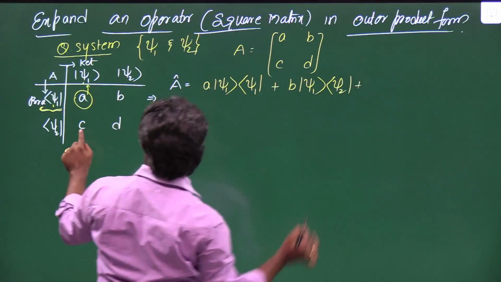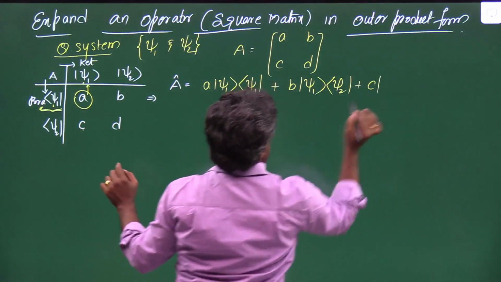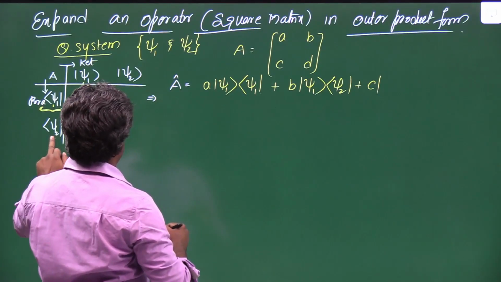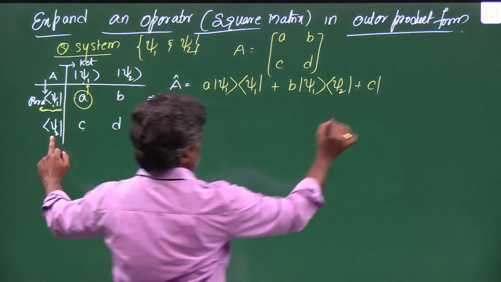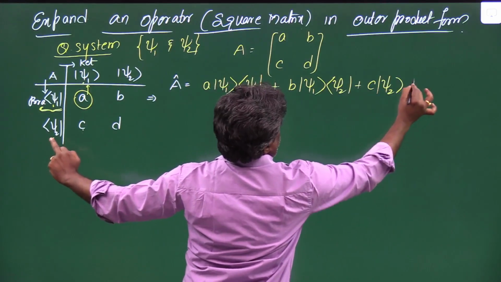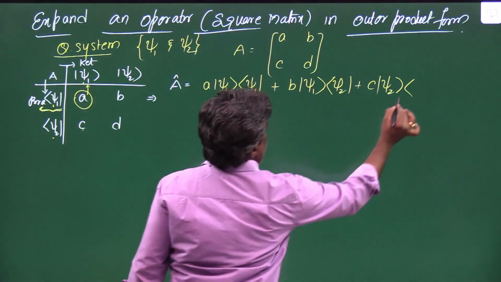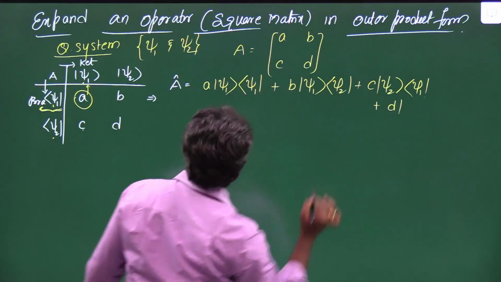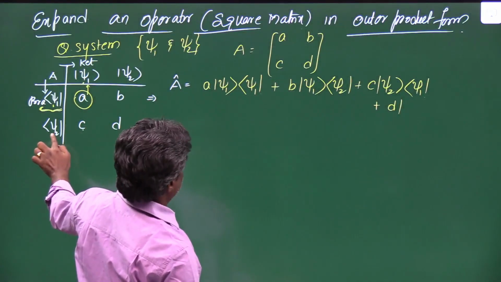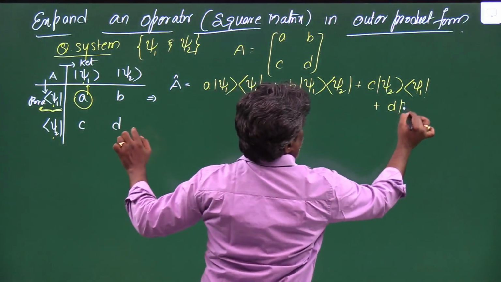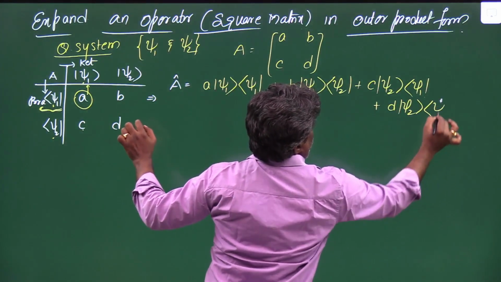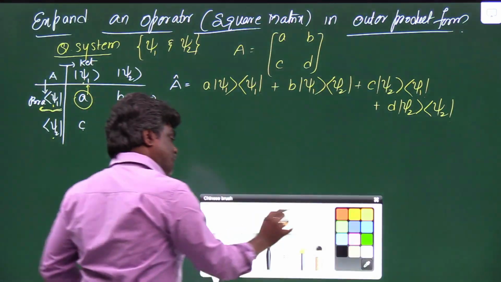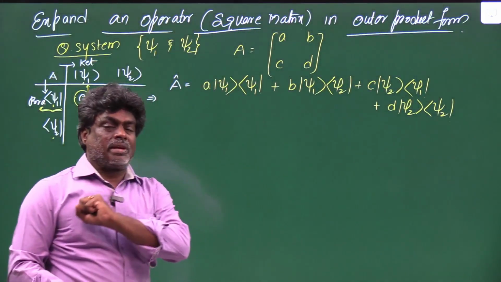Now tell me the third one, C. So first we have to take the bra vector and convert it to ket. So psi2, and then psi1. That's it. B. Psi2 will become ket. Right? That's it. So any matrix we can write like this.